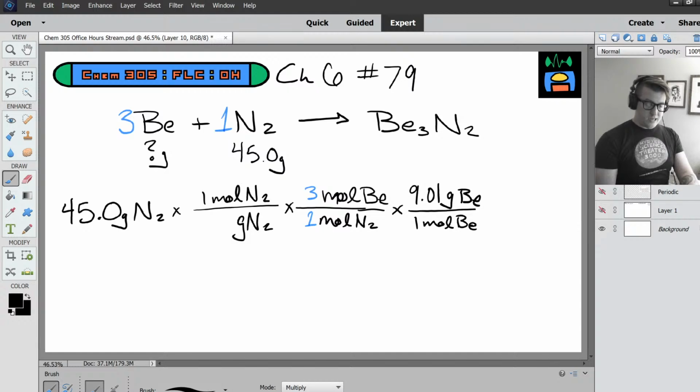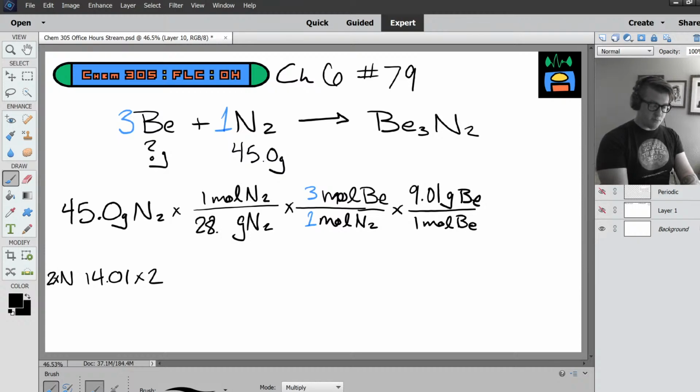So we just have to calculate our molecular weight of nitrogen. Nitrogen has an atomic mass of 14.01 that we simply multiply by 2, so it would be 28.02 grams of nitrogen in 1 mole. Grams of nitrogen cancels, moles of nitrogen cancel, and then moles of beryllium cancel, leaving us with grams of beryllium.